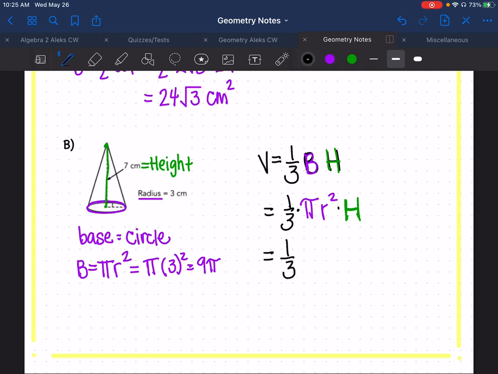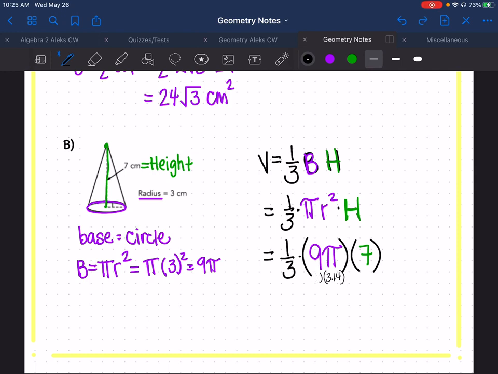Now, what I would probably do, in all honesty, is I would leave pi until the very end. Because if Alex asks you to use 3.14, this is where you'd want to use it. So this is where I would put it, so I would change it to that.